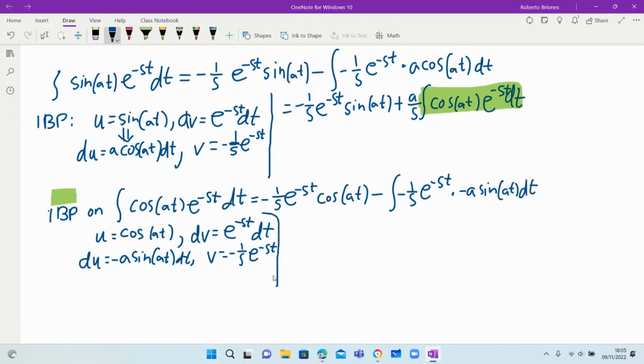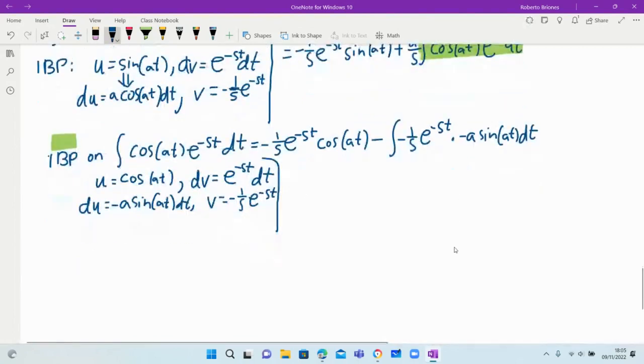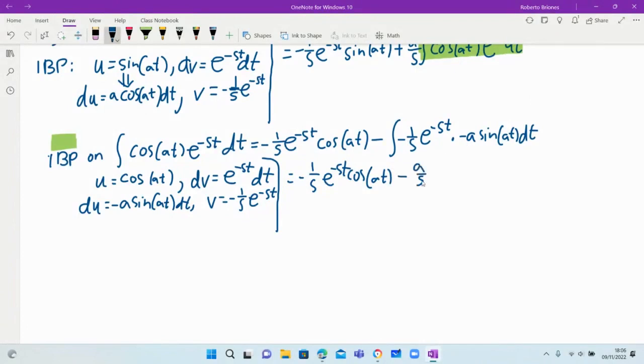And again, let's put a demarcation here so that this becomes negative 1 over s e to the negative st cosine at. Now we have a minus 1 over s here and a minus a here, so this becomes minus a over s integral of sine at times e to the negative st dt.